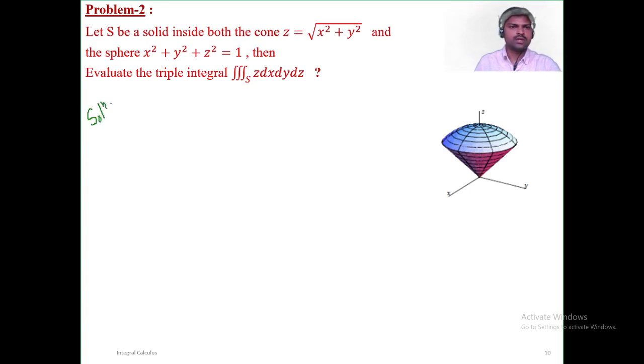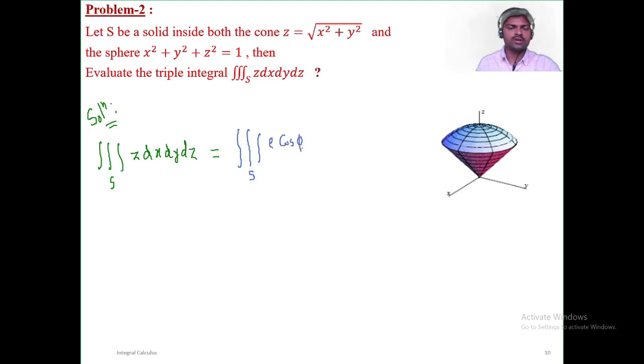So look at how the integration is carried out. Triple integration over the solid S. What is given? Z into dx dy dz. What is Z now? Z will be rho cos pi, isn't it?